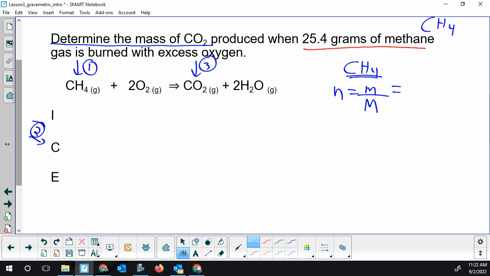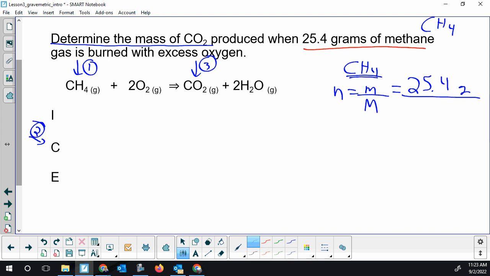Which is mass divided by molar mass. How heavy is 1 mole of it? What's the mass of methane? 25.4 grams. The molar mass, you grab your periodic table, you flip that open, you take the mass of 1 carbon, 12.01, and then you add to that 4 hydrogens, 1.01 each.